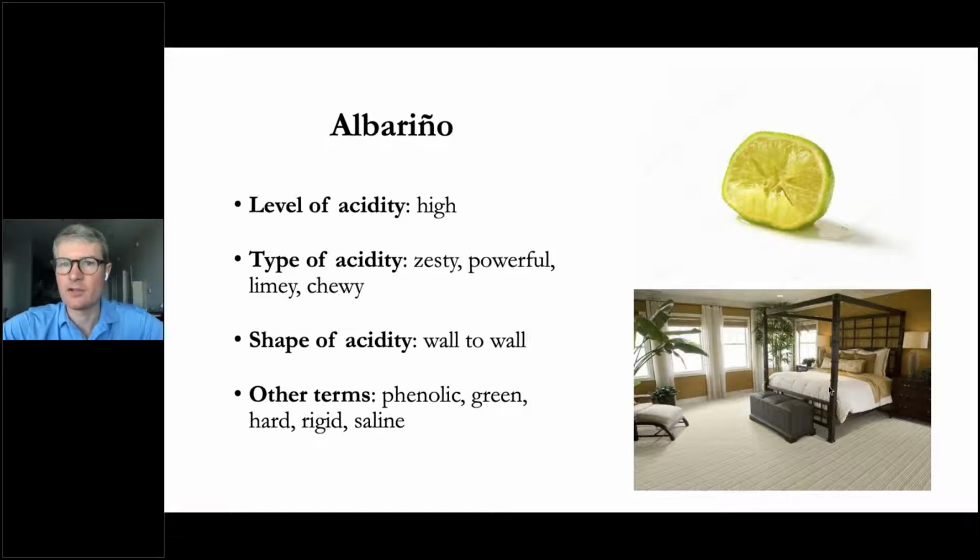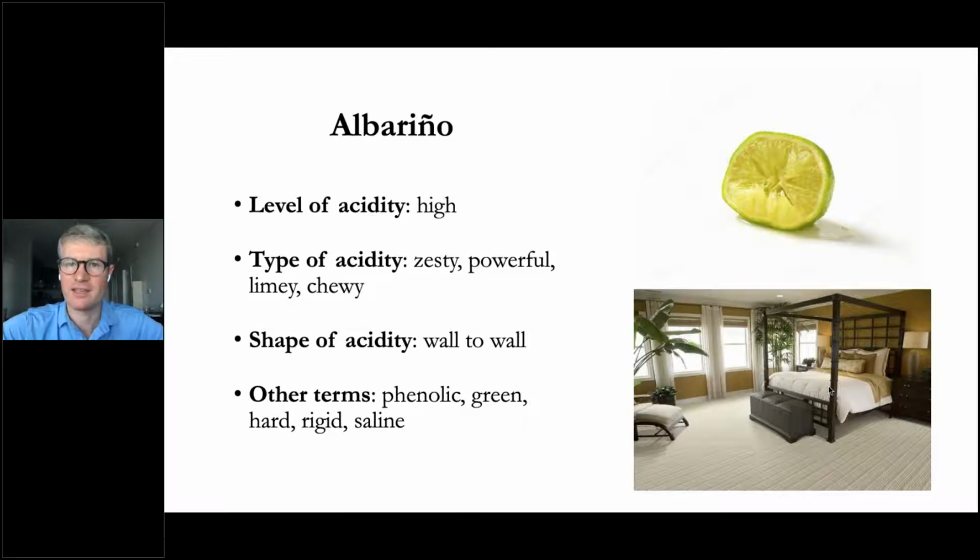Now, if you guys are still struggling to figure out what this phenolic thing I'm talking about is, this sense of chewiness, Fred is saying a grippiness, almost like tannins in red wine, that it grips hold of the insides of your mouth. And under other terms, you can see I've written green, in the sense of giving the sensation of being slightly unripe, unripe and quite hard and rigid.